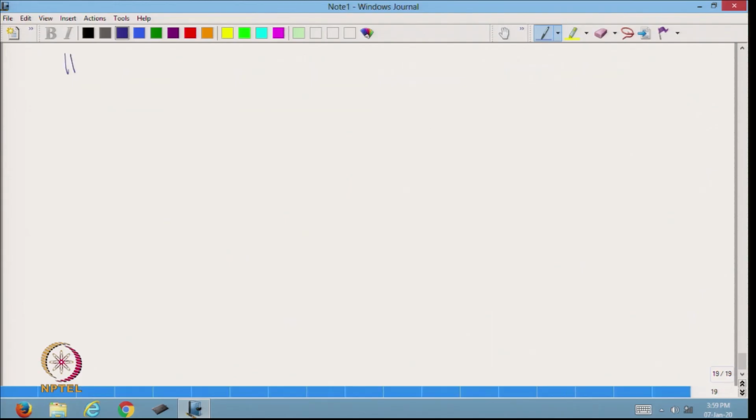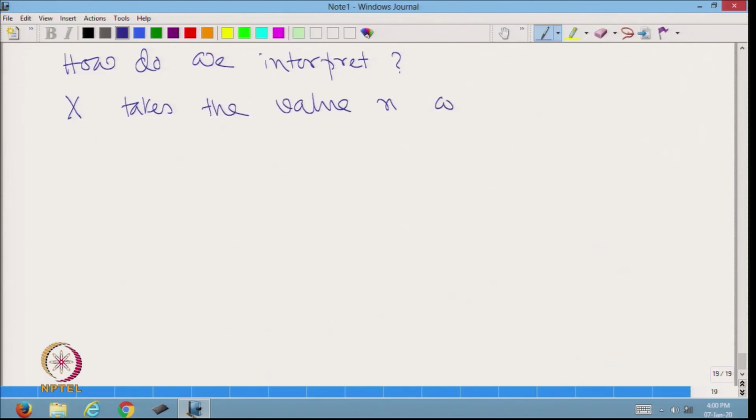What does it mean? x takes the value n with probability n plus k minus 1 c k minus 1 p to the power k q to the power n.